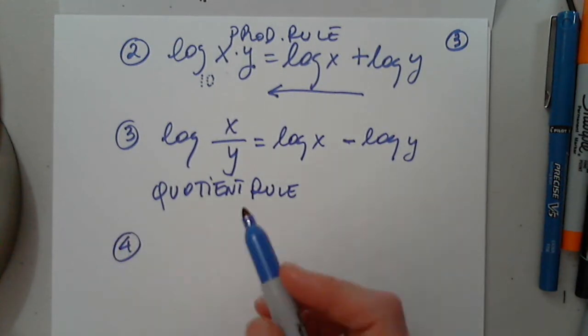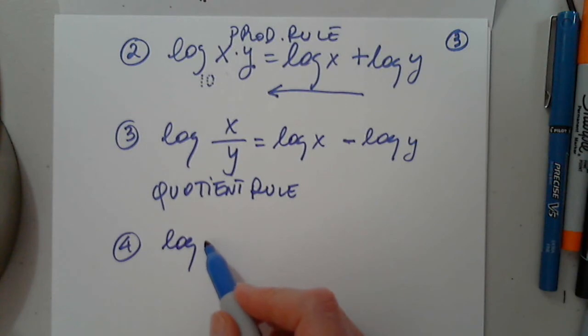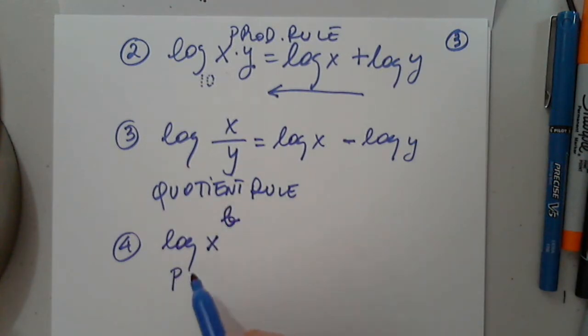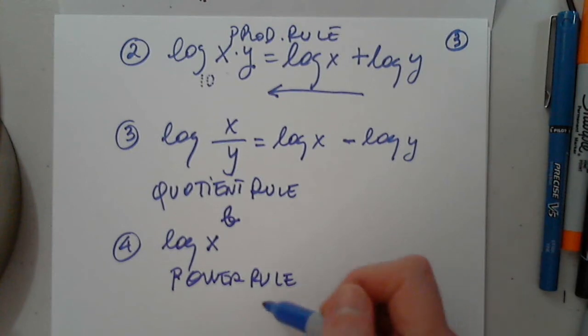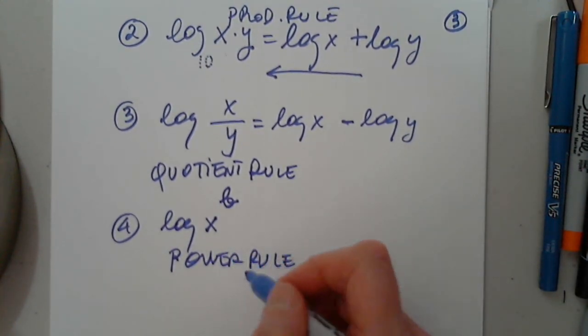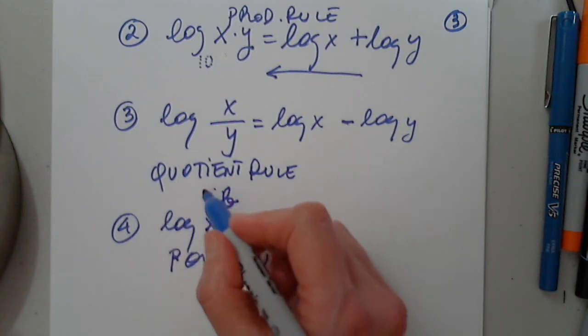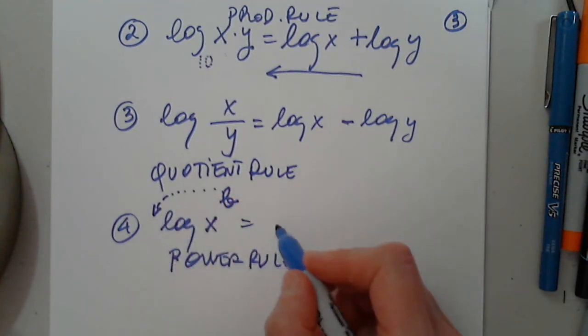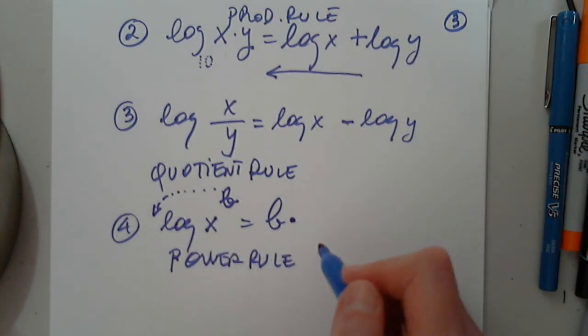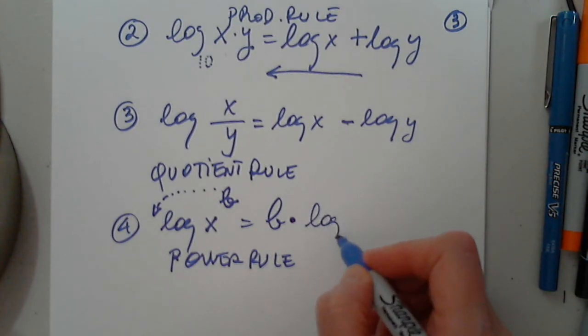So that is the power rule. So log of x raised to power b. I'm trying to write uppercase so everyone understands. And so this becomes a factor in front. By a factor, I mean it's multiplied, not addition, multiplication. Multiplied.